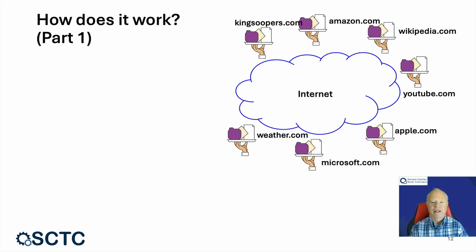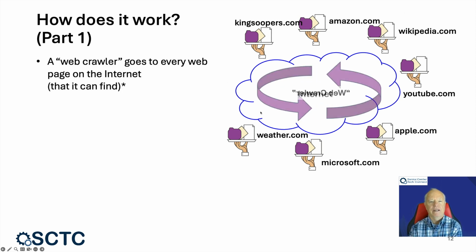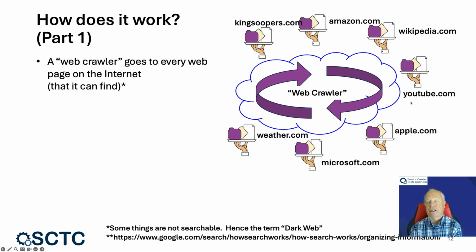First of all, let's look at the internet here, and we've got some sample websites, right? One of the reasons for the popularity of internet search, and especially Google, is it has the biggest, baddest web crawler in the world, and it actually goes through every single website that it can find.